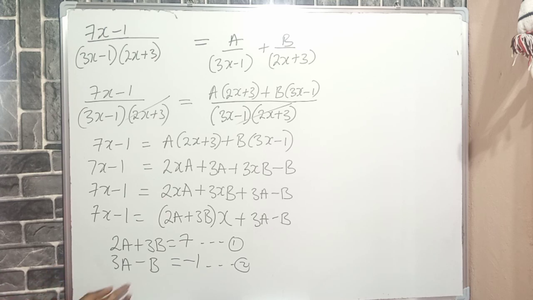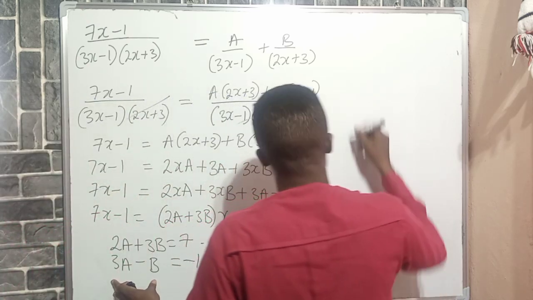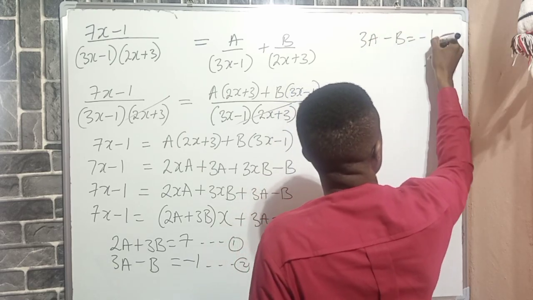If I'm to use the substitution method in equation 2, let me use B as the subject. From equation 2 we have 3A minus B is equal to minus 1.